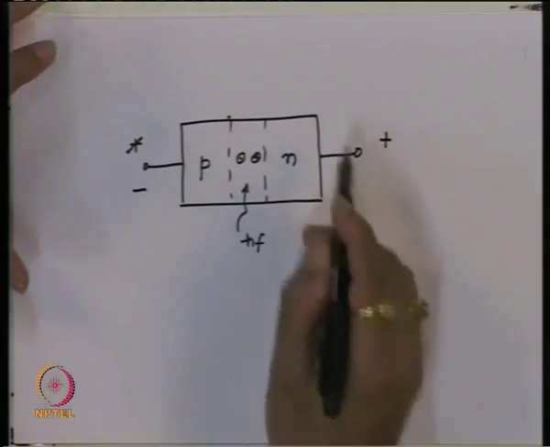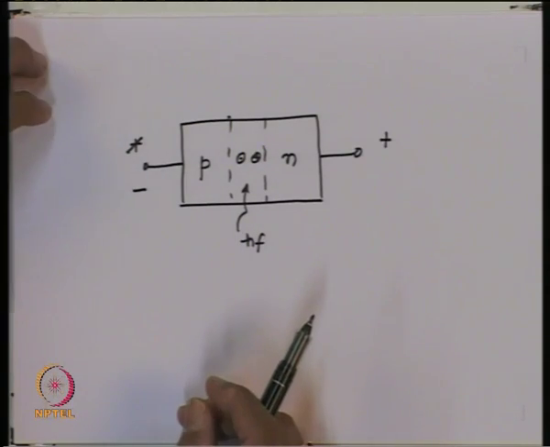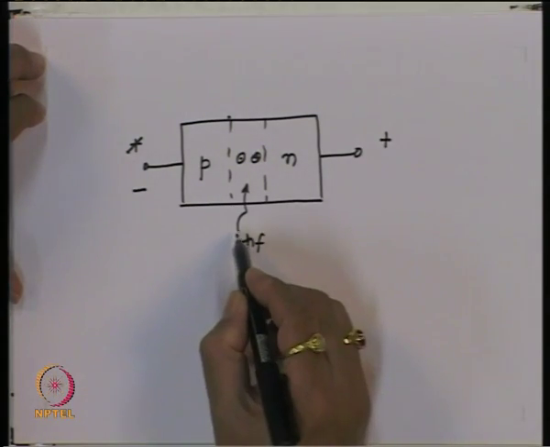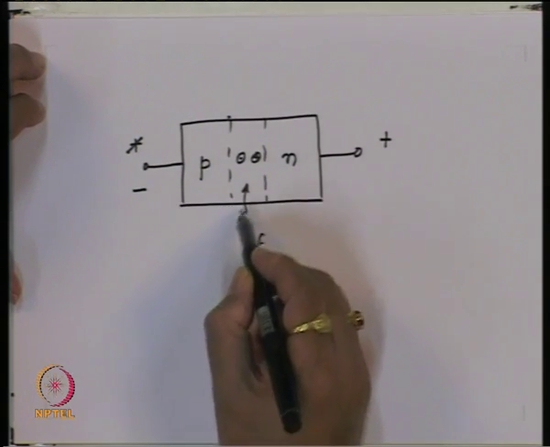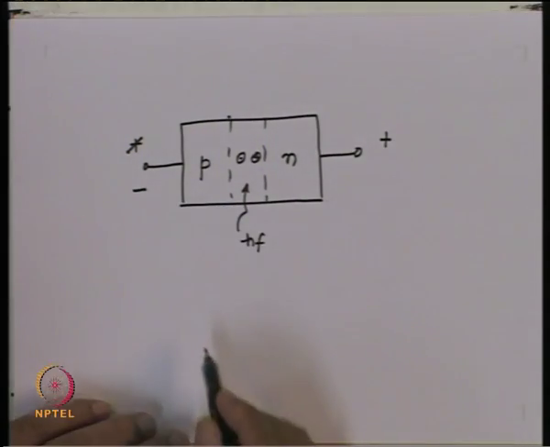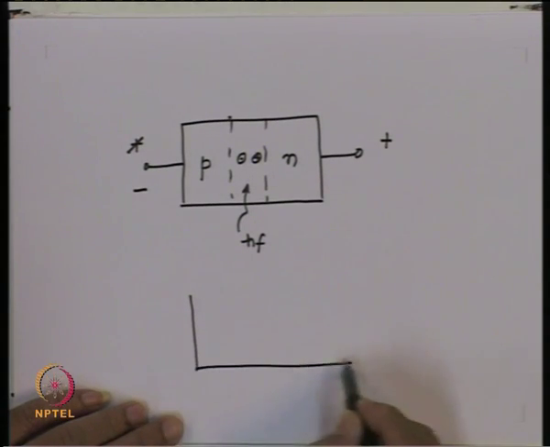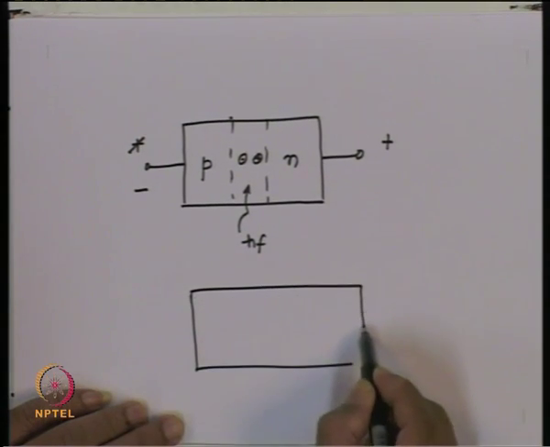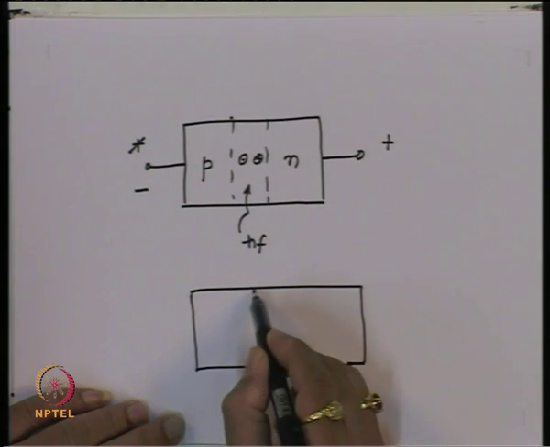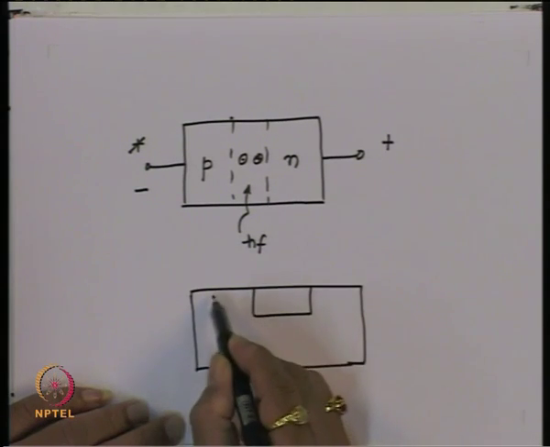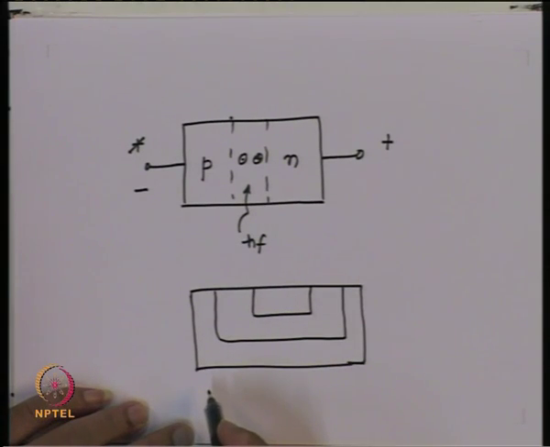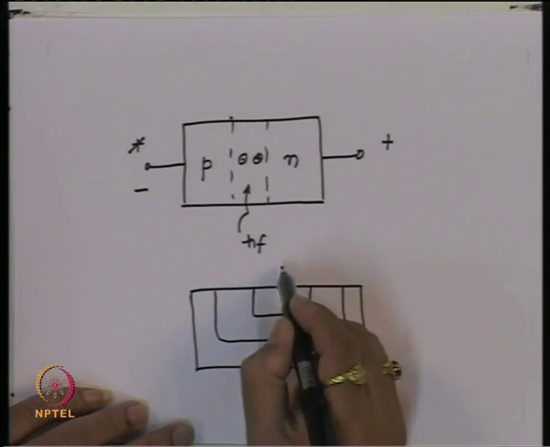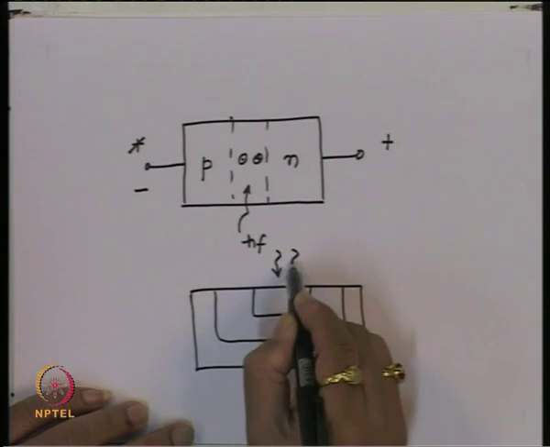But in real fabrication of the device, the photon is not incident in the depletion region the way we have shown here. Because if you consider the fabrication of a device, it will look something like this. We have a P type material and an N type material created this way, and then the photon will be incident like that.